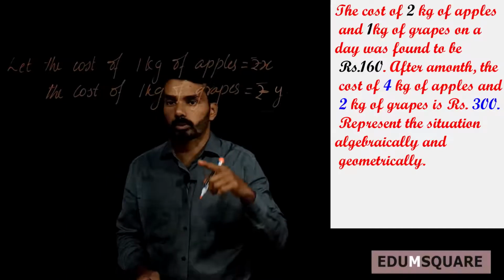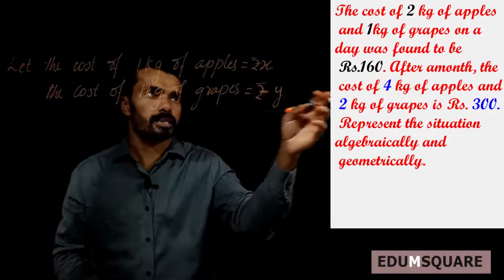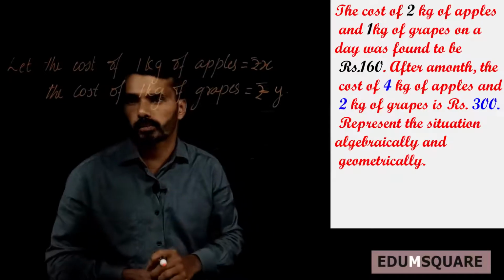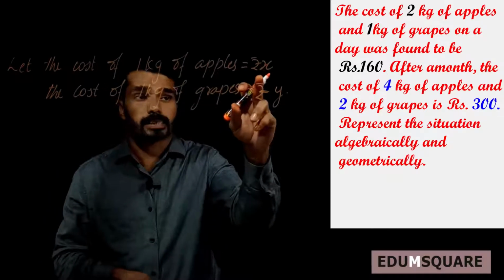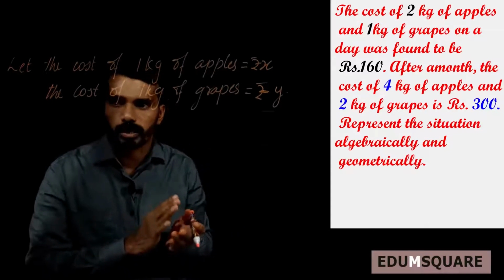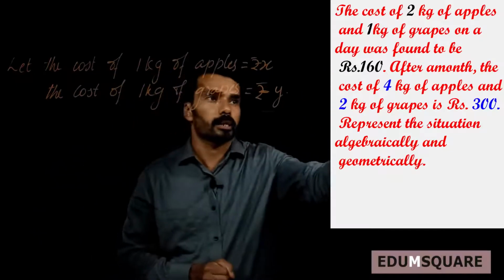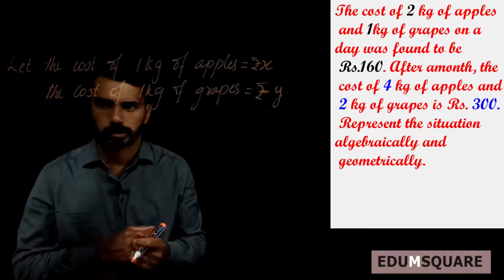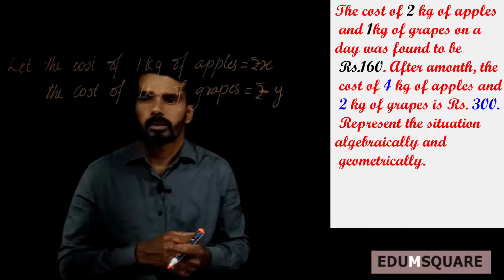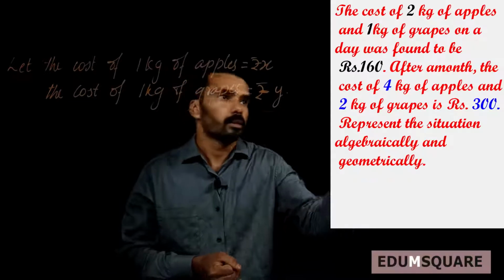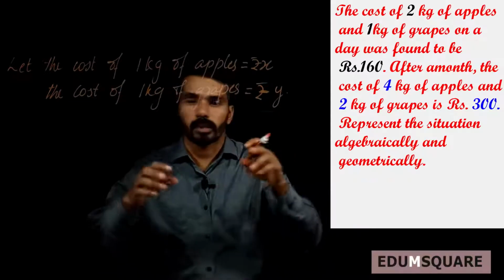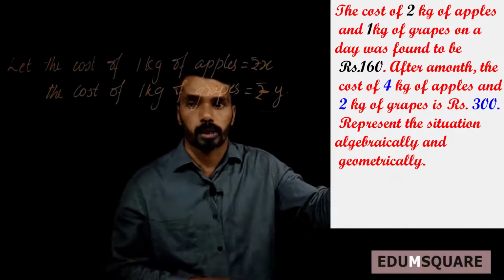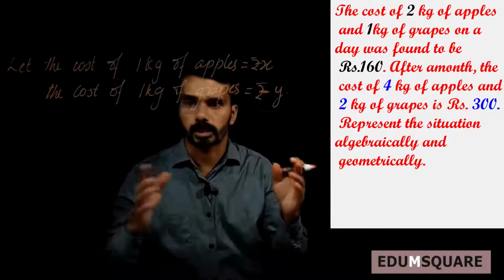Then what is the total cost of 2 kg of apples and 1 kg of grapes? Here if X is the cost of 1 kg of apples, then what is the cost of 2 kg of apples? 2x. Okay. Then 1 kg of grapes is Y. It was found to be rupees 160 in total.